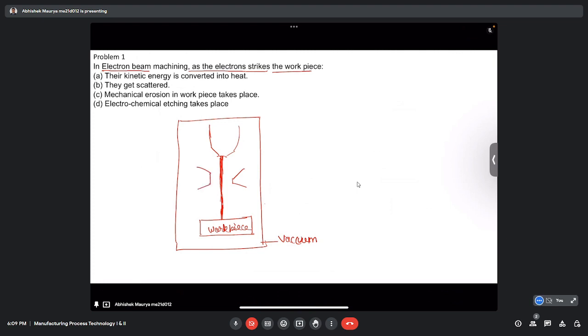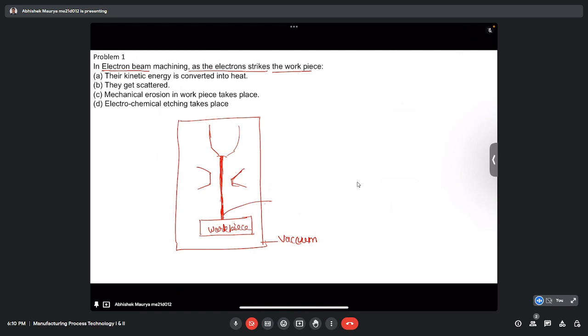They help electrons to focus towards the workpiece, and because of the electric field, electrons get accelerated towards the workpiece, and meanwhile they attain high kinetic energy. And when these electrons strike the workpiece, they immediately transfer all their kinetic energy.